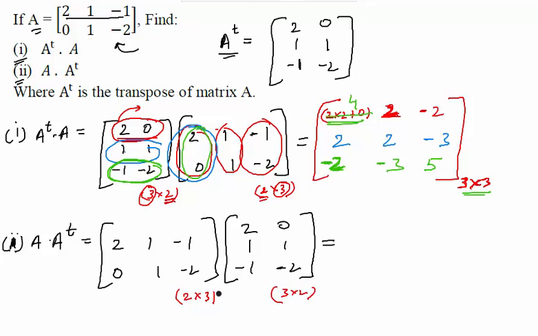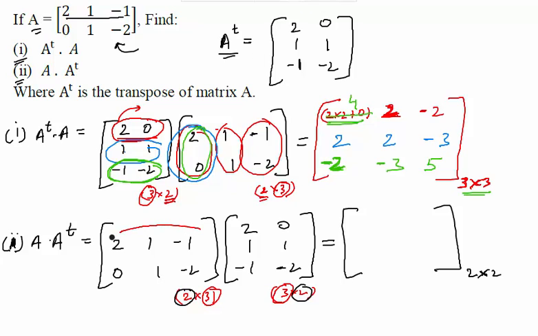Now, since the number of columns of the first matrix is the same as the number of rows of the second matrix, these two matrices can be multiplied, and the final order when multiplied will be 2 cross 2, right? There should be a matrix of order 2 cross 2 as our final answer. But what are the elements? To find the elements, let us start the same process.